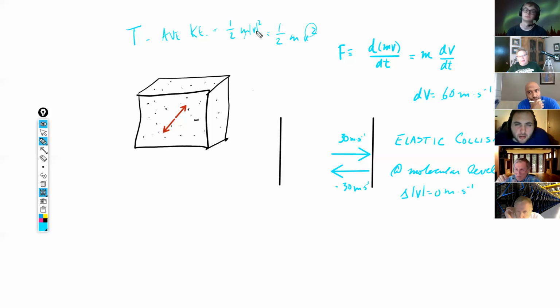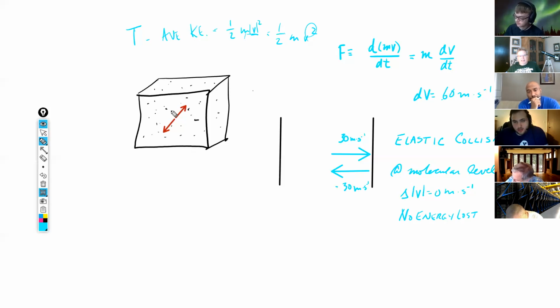But because I'm squaring it, it's like taking the absolute value. Oh, okay. This is the same kinetic energy in both, right? So, like Jim said earlier, there's no energy loss. Energy is conserved, right? Nothing's going on in there.